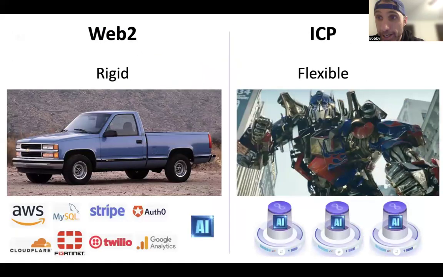And the big thing here is the application's ability to transform, to be customized, to change the full range of functionality. We're talking about flexibility and rigidity. The Web 2 model is extremely rigid. Third parties can make it a little bit less rigid, but not by much.